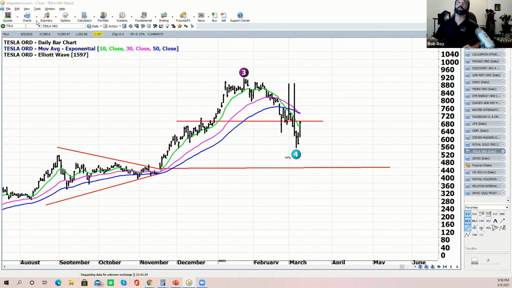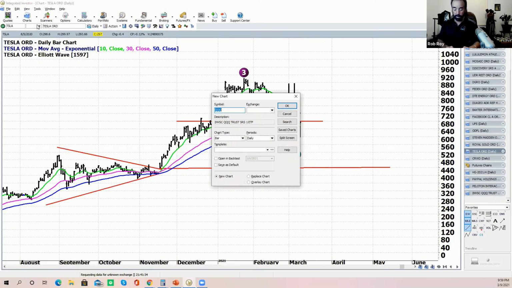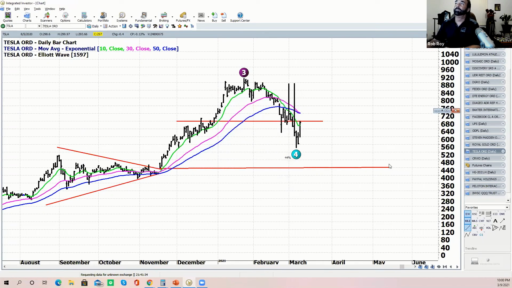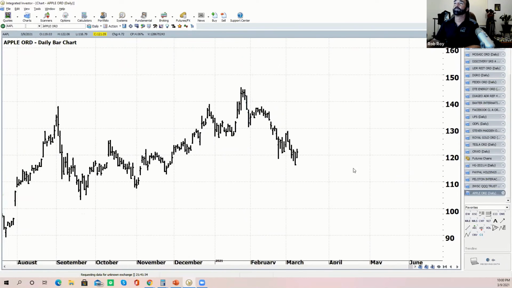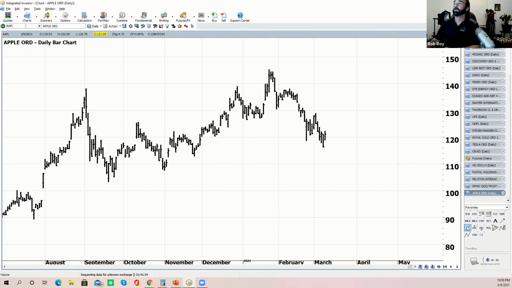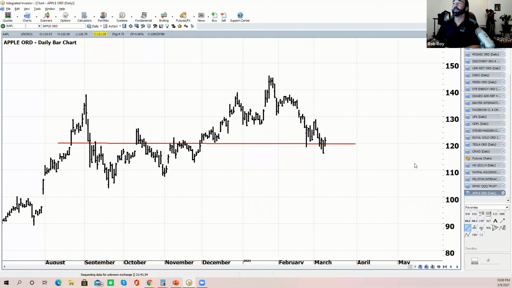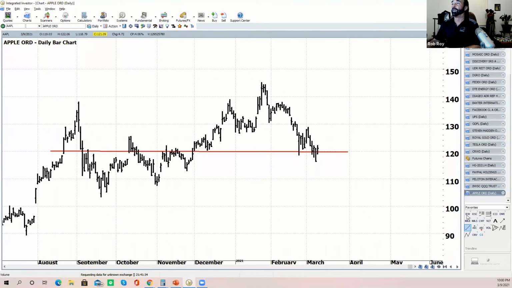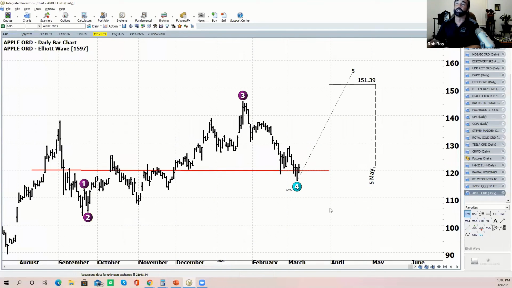Let's look at Apple. Go ahead and take a look at Apple and Micron. Here we sit with Apple, which I think is, from a fundamental standpoint, which you don't really trade fundamentals, but from a fundamental standpoint is an extremely good buy.